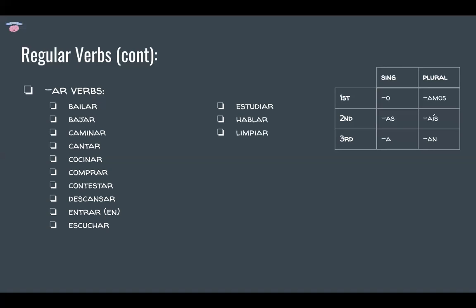Limpiar means to clean. Llevar means to take, to carry, to wear. It has a bunch of meanings. Mirar means to look. Nadar means to swim. Practicar means to practice. Regresar, trabajar means to work. And viajar means to travel.